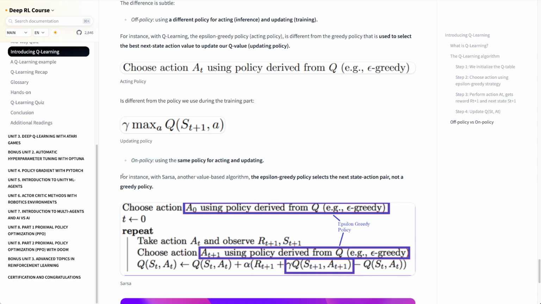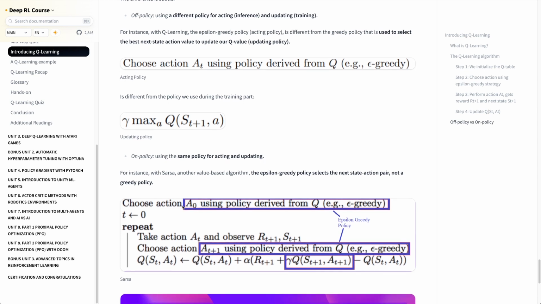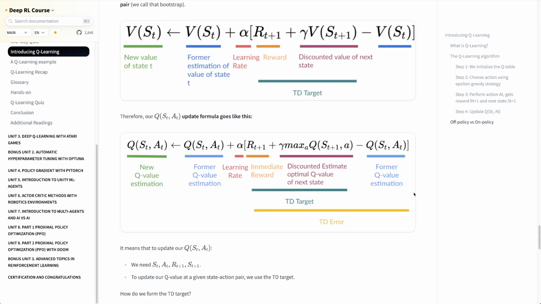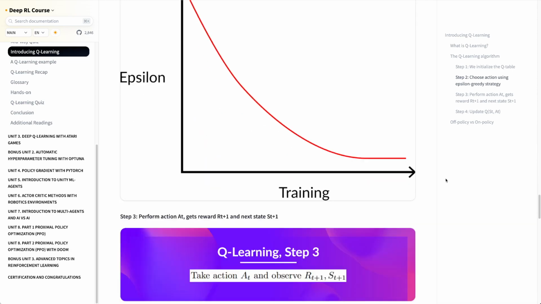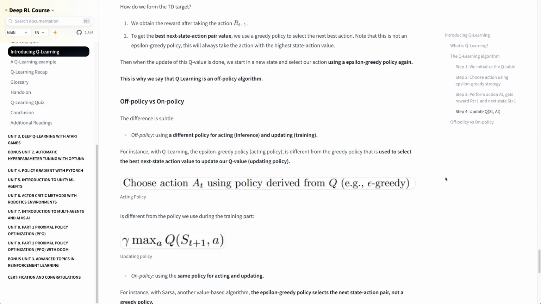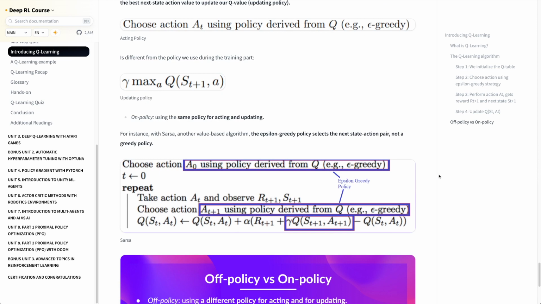For instance, with SARSA, another value-based algorithm, the epsilon greedy policy selects the next state action pair, not a greedy policy. Here it's called SARSA max, and they're talking about SARSA, I'd assume, regular SARSA.